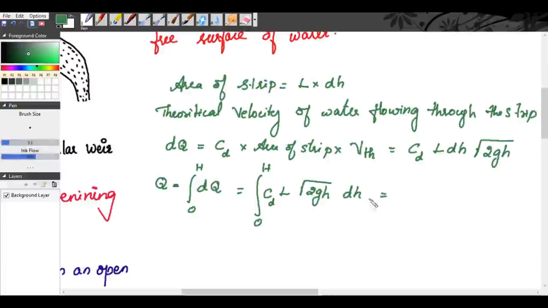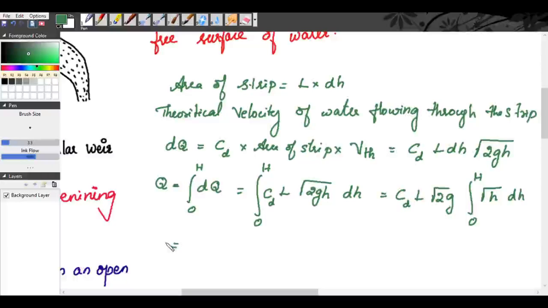The variation is with respect to the head h. So CD is constant, the length is constant, square root of 2g is constant. So from 0 to H, root h into dh.